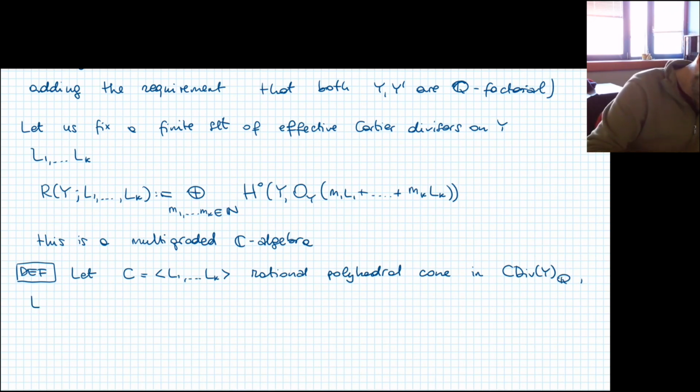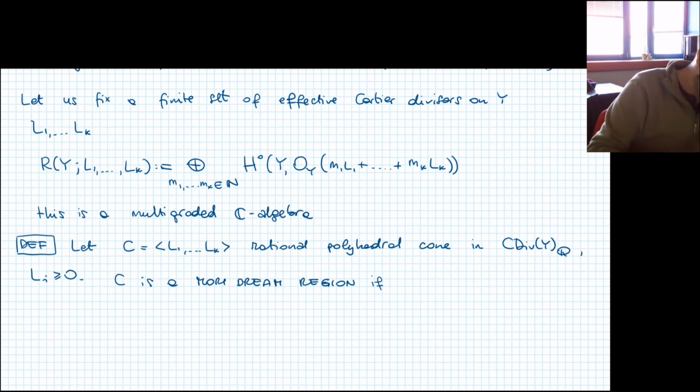And I want such divisors to be effective as above. Then we say that C is a Mori dream region if the multigraded ring defined as above is a finitely generated C algebra.